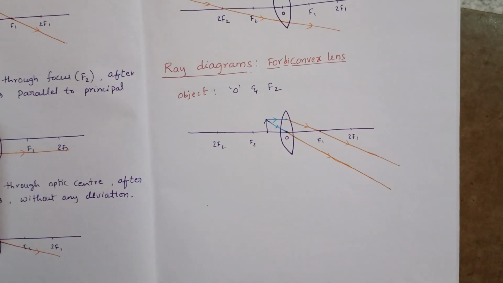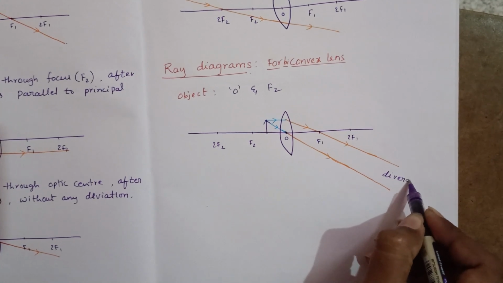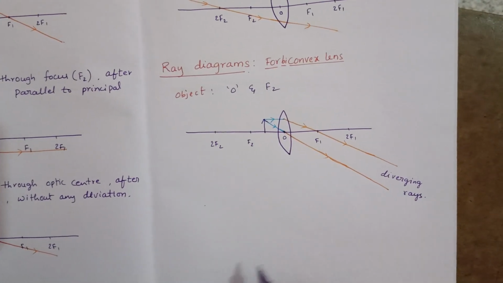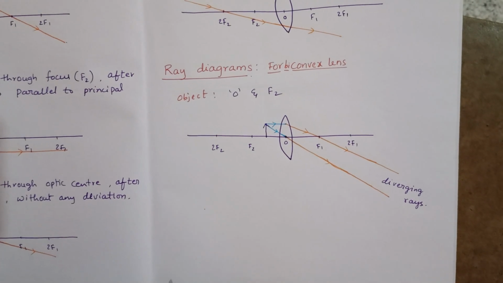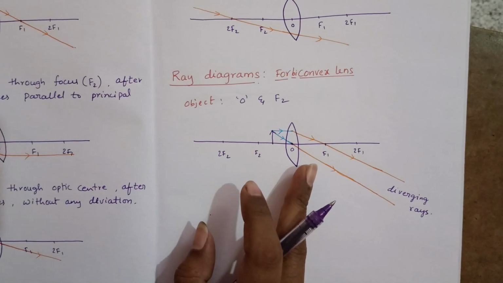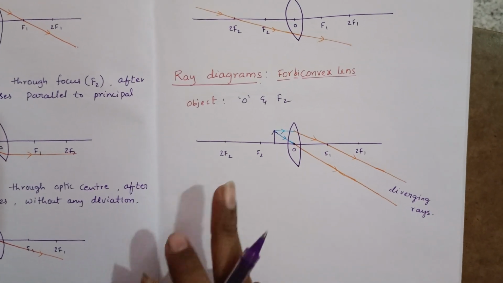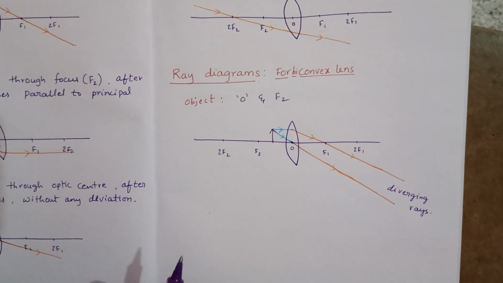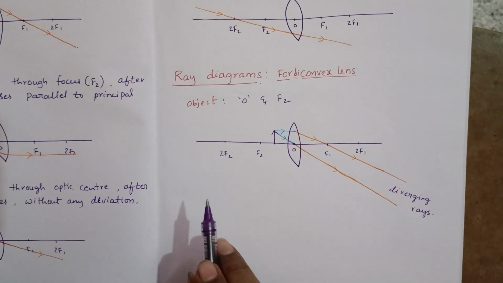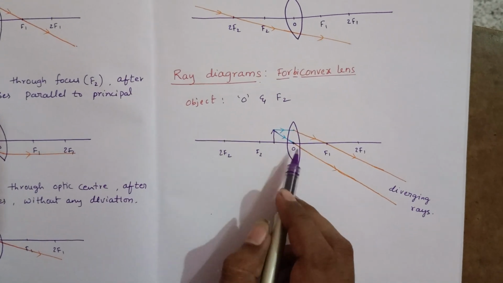What is meant by diverging rays? A beam of rays traveling from one point in different directions is known as diverging rays. You extend back, and they will meet at one point.